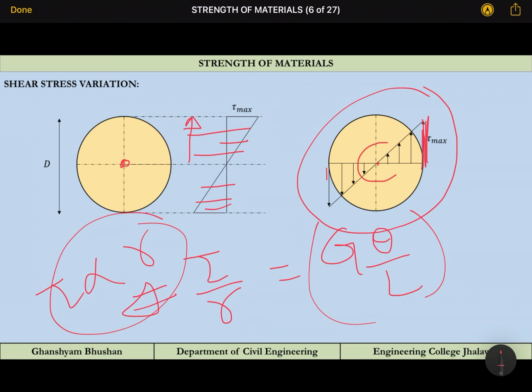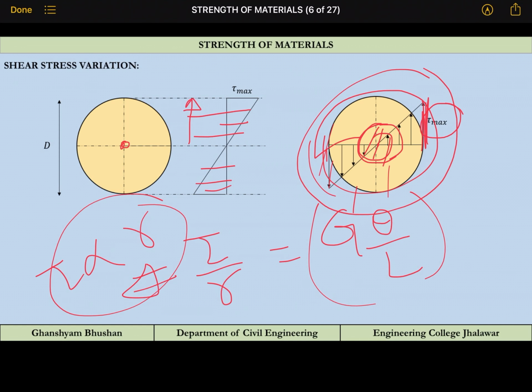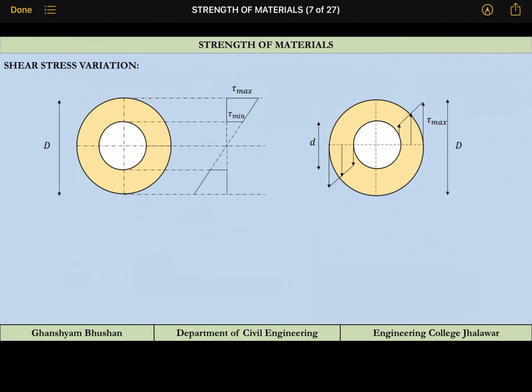So that is why I was telling you about the hollow section, because in this region you can see a very small stress is being resisted. So if we use this material on the periphery, we can increase the value of maximum shear stress resisted by the section. So that is why hollow sections are used in place of solid circular sections.